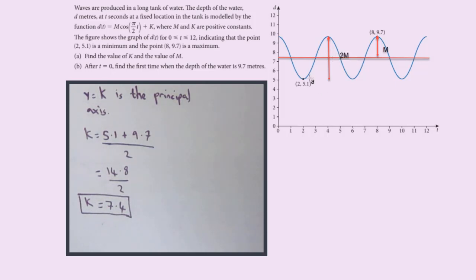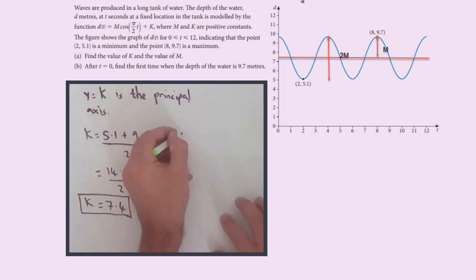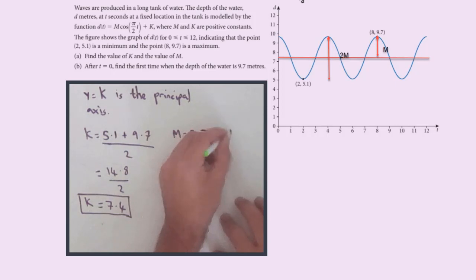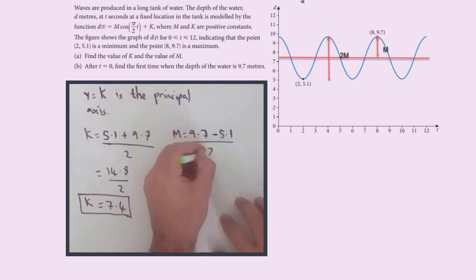To work out m, we need to know the vertical distance between these two points. If you want to find the distance between two numbers, you take one away from the other, and then if I want half of that, I halve it. So m is going to be 9.7, the y coordinate of the maximum, minus 5.1, the y coordinate of the minimum, over 2.